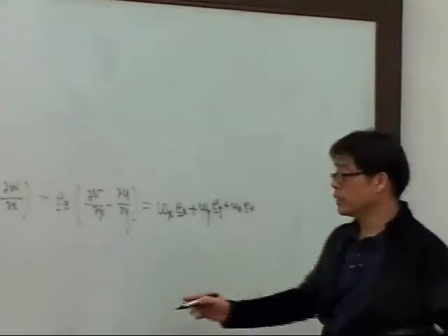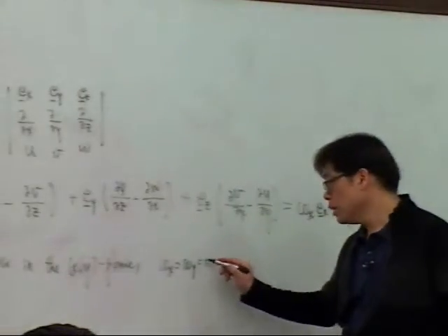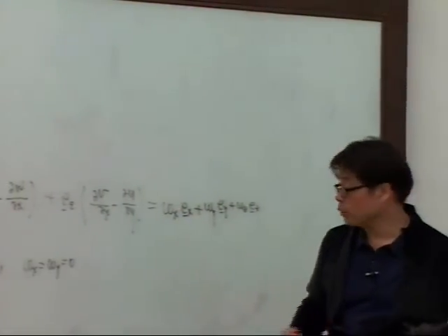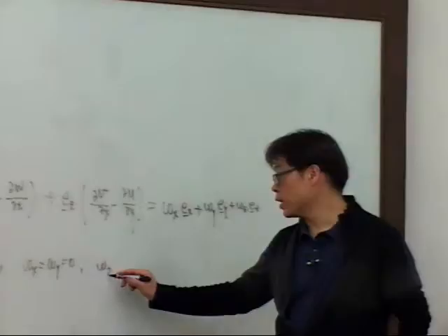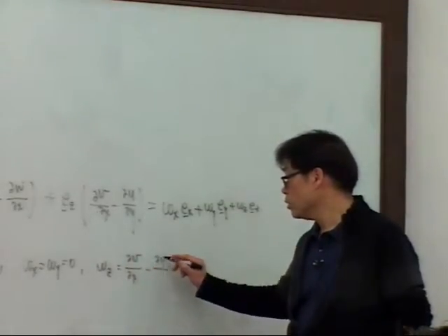There are three components, but in this case, omega_x and omega_y are 0. And you have only one non-zero component, which is omega_z equals dv/dx minus du/dy.